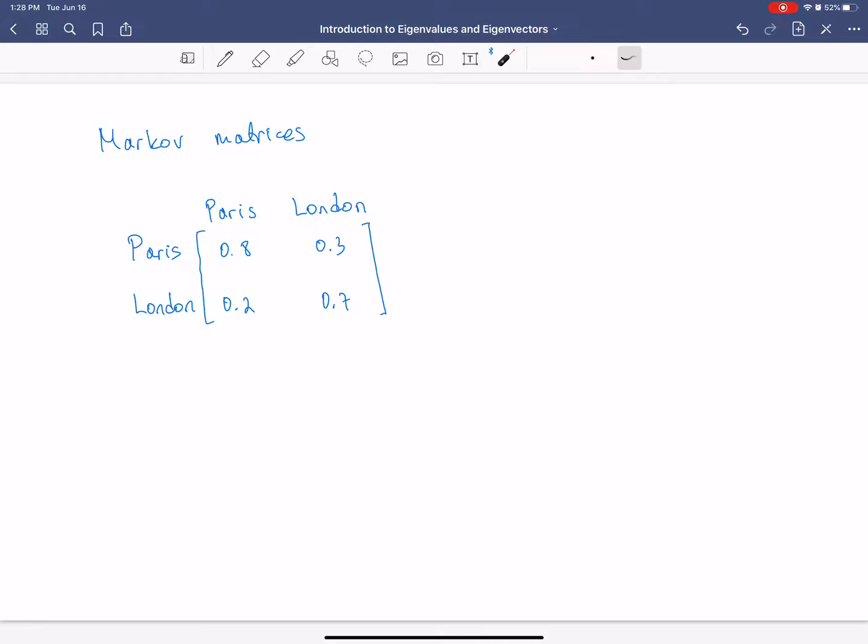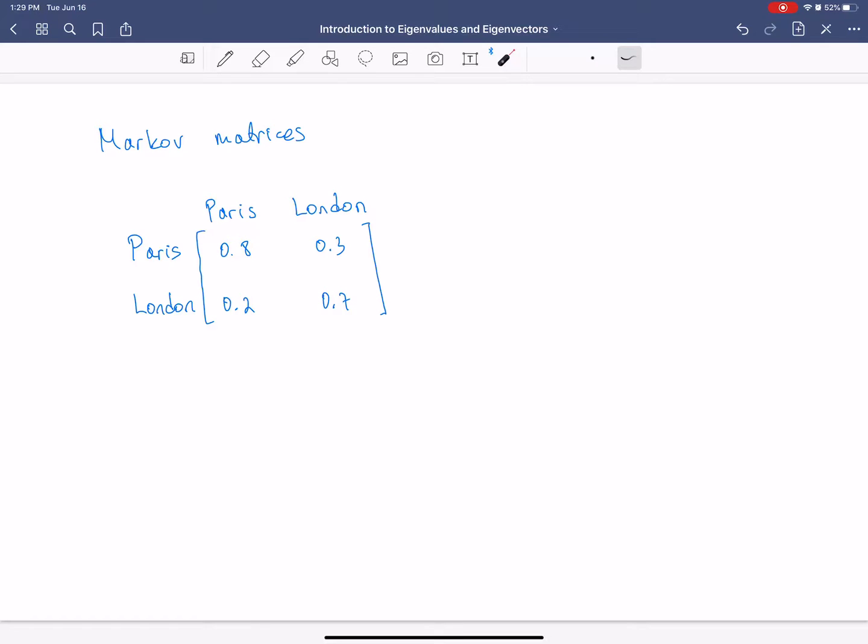Now, the assumption here is that the change in population, that migration, happens according to these rules from one year to the next. Of course, this is a simplification. This is not exactly how the world works, but there are systems that can be approximated by such a simple representation. One example is obviously this migration.